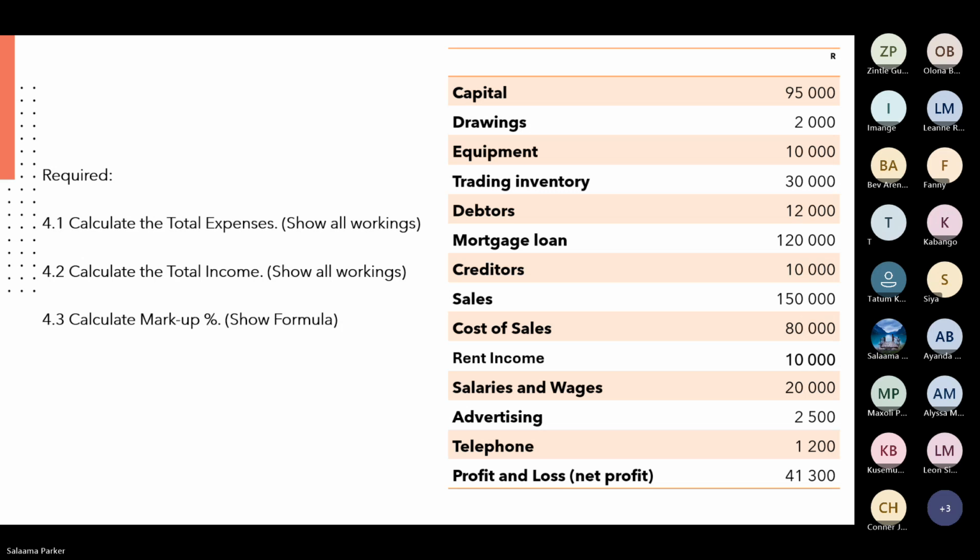Okay. I've given you a few minutes. Who's willing to share their answers for total expenses and total income? So it's the 80,000 plus the 20 plus the 2.5 plus the 1.2. That will give us our expenses, and then our income is the sales plus the rent income.